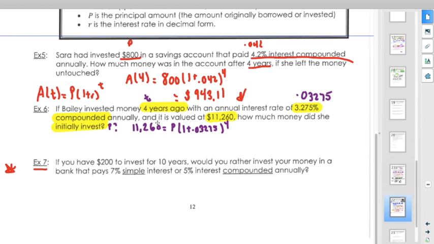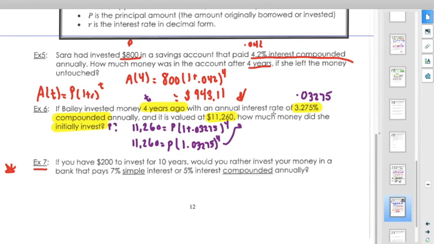So let's simplify this down again. We're going to have 11,260 here equals P times. Simplifying inside, that would be 1.03275 raised to the 4th power. Let's simplify that.